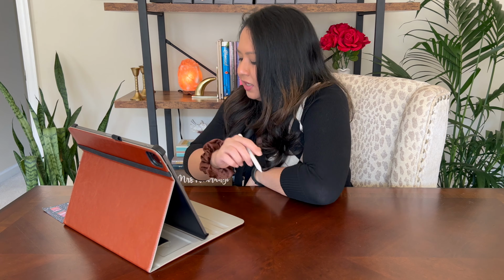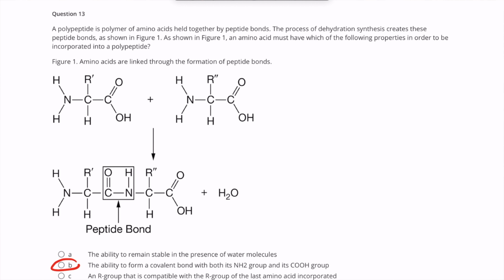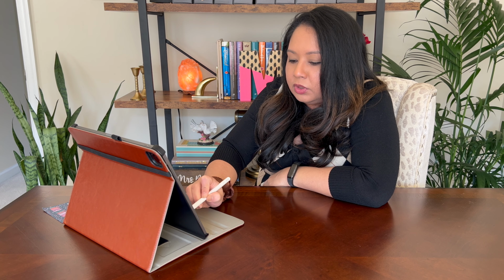The ability to form a covalent bond with its NH2 group and its COOH group, amine group and carboxyl group. That sounds like exactly what is happening over here. You saw the amino end and the carboxyl end losing its hydrogen and hydroxide to form the bond, which we call the peptide bond. So I would choose B for this particular question, because that seems to answer it.